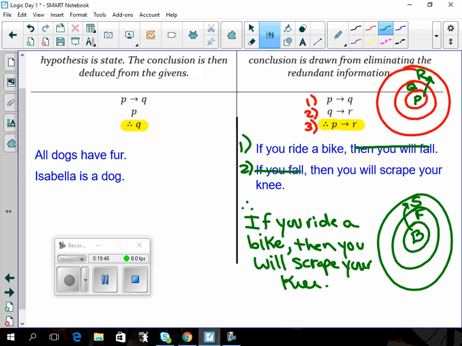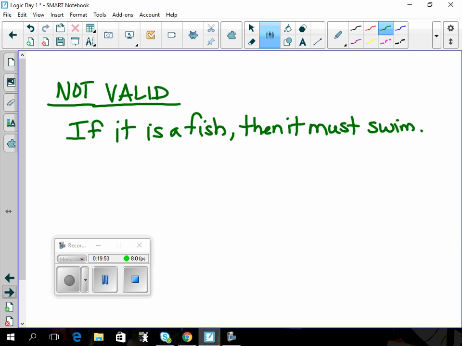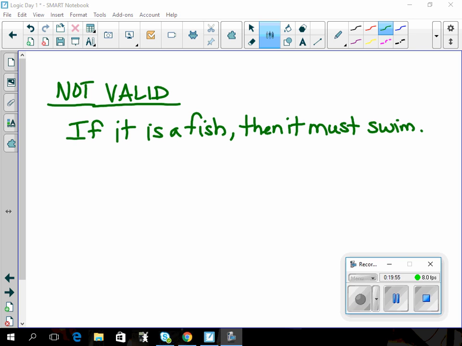I'd like to look at one that's not valid. Is that okay? All right. So one that's not valid might be like this. So this is my first sentence.